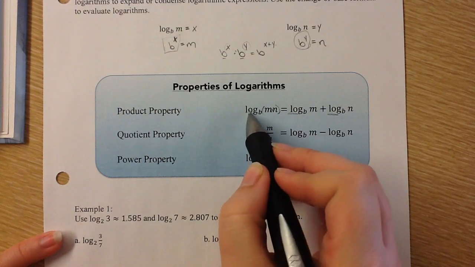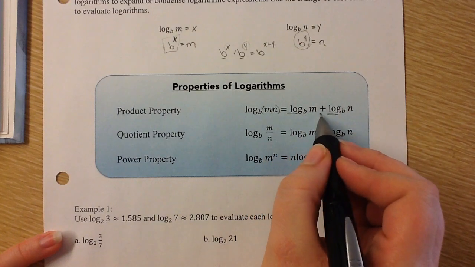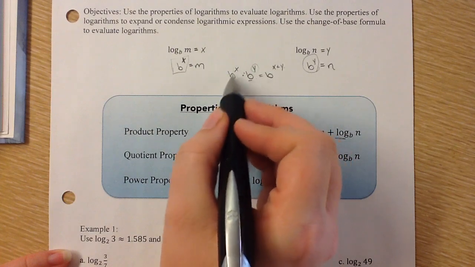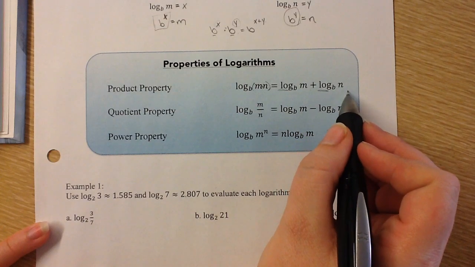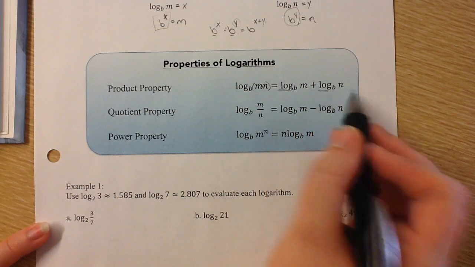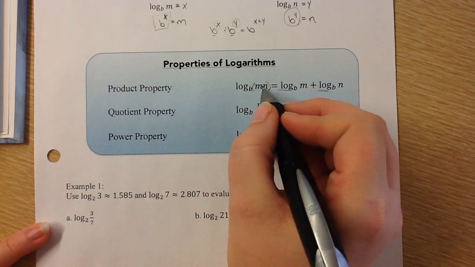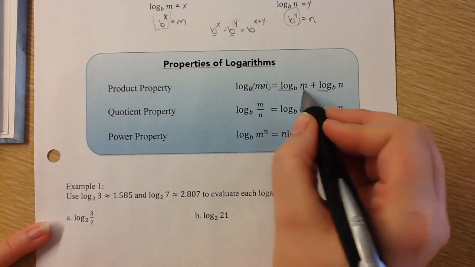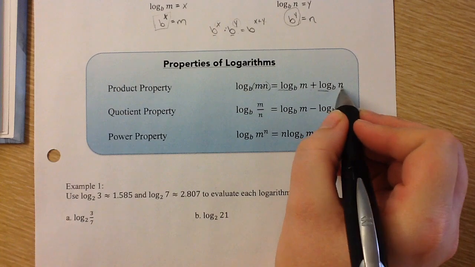So if I have the log of a product, I can split it into an addition, and it really comes from this idea: since a log equals an exponent, and when multiplying we add the exponents. So log base b of m times n is the same as log base b of m plus log base b of n.